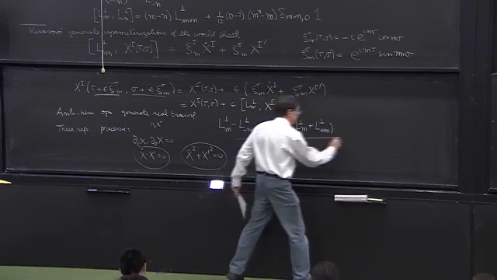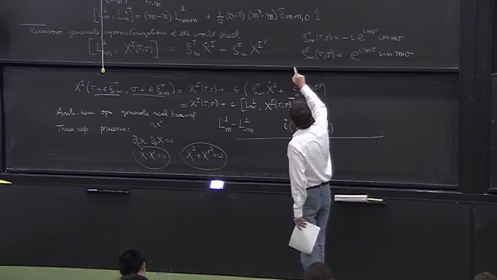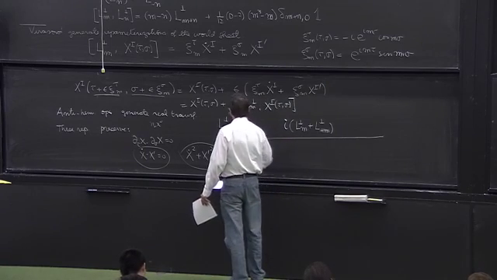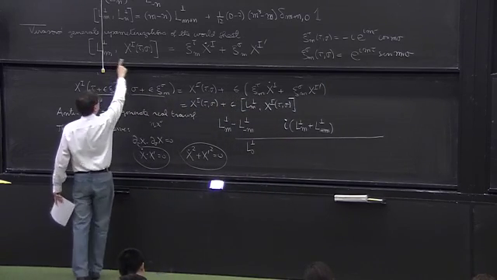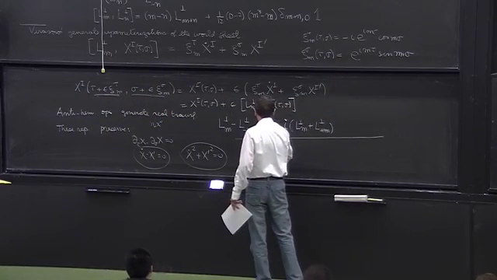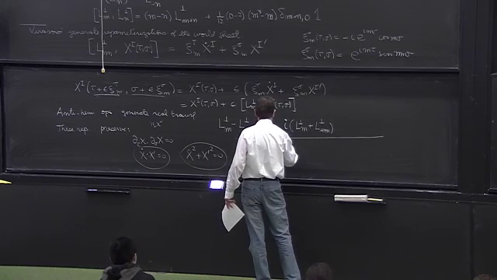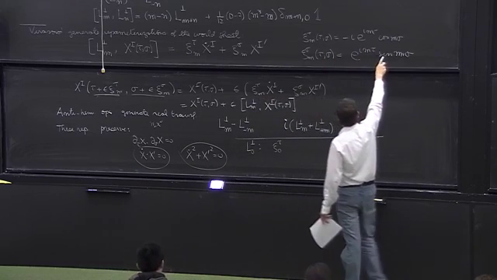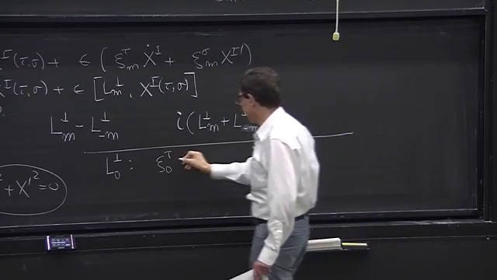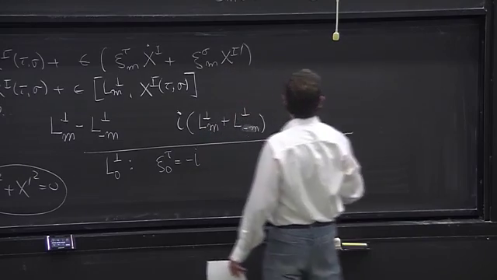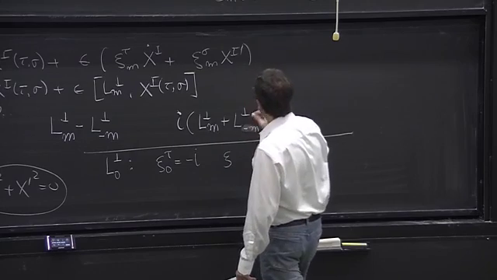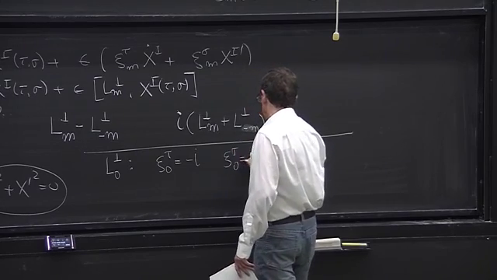If we take the operator L0 perp, we generate a transformation for m equals 0, psi tau is minus i, this is 1, this is 1, and psi sigma is 0.